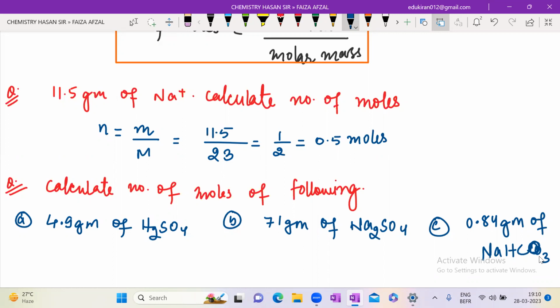Have you got the answer of A? First one, calculation I'm doing. One minute. Okay. You can give me the answer in fraction as well.